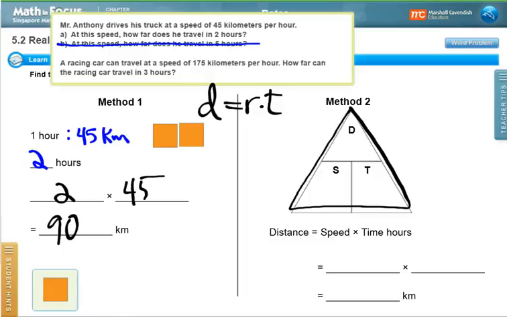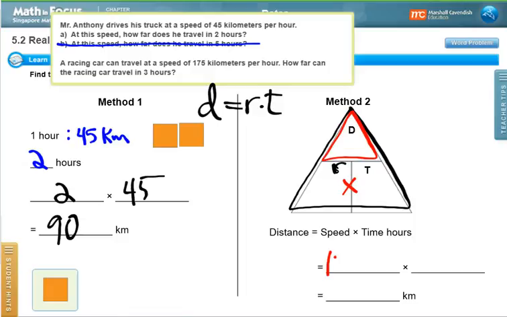We've got D on top, and broken up on the bottom is S and T, or a lot of times R for rate. Speed is a rate. Distance equals speed times time. So this total distance, the top part, is equal to the product of rate and time, just like we saw in method 1.